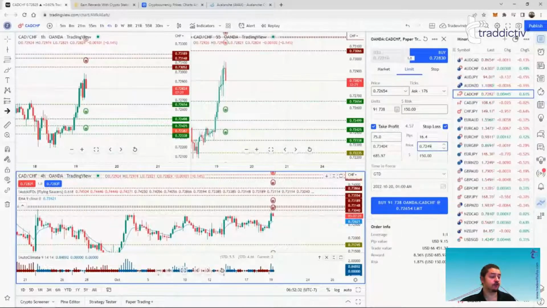And for when we're putting our stop here, we're going to take away 5 pips. So this will be 21 here.